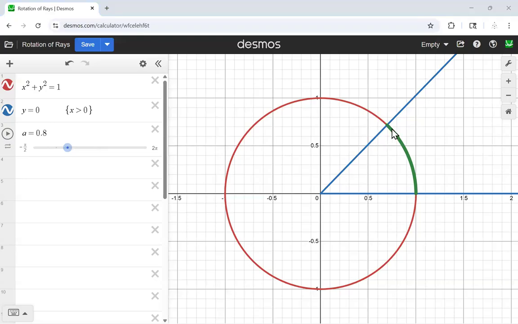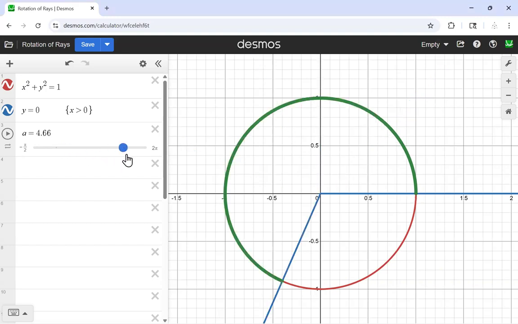So here I've graphed the circle, and this one has radius 1, and the arc length is the portion of that circle within the initial versus terminal ray. So the portion of that circle, that's the arc length, is connected to radians.